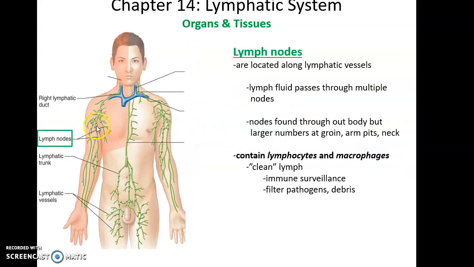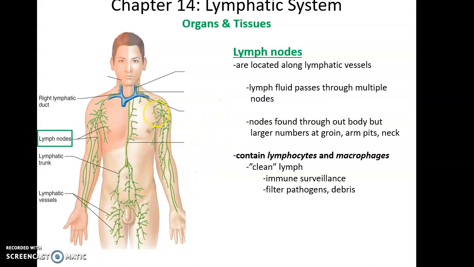Lymph nodes, I already talked briefly about them. The lymph nodes are located along the lymphatic vessels, and lymph fluid passes through them. So the functions of the lymph nodes include filtering the lymph fluid, getting rid of pathogens, but also cell debris and other things, as well as, of course, the immune response, because there are lots of lymphocytes and macrophages located in the lymph nodes.